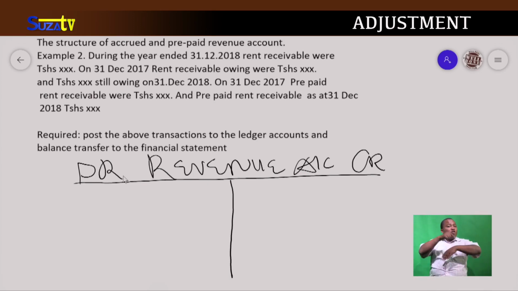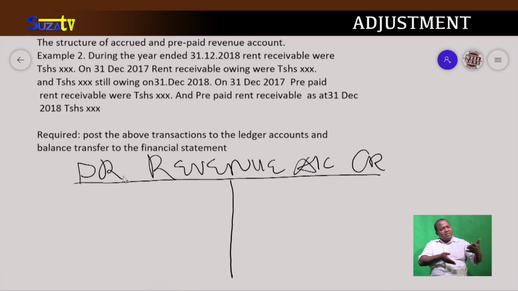During the year ended 31st December 2018, rent receivable were Tanzania shillings X. On 31st December 2017, rent receivable owings were Tanzania shillings X. And Tanzania shillings X still owing on 31st December 2018, and on 31st December 2017, prepaid rent receivable were Tanzania shillings X, and the prepaid rent receivable as at 31st December 2018 Tanzania shillings X. How may we record it?